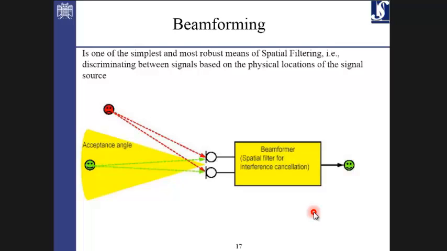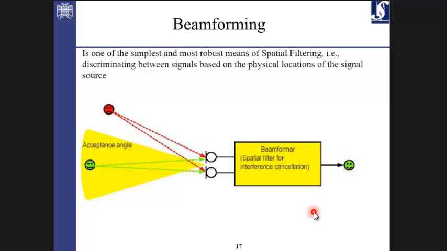So what does beamforming do? Beamforming is a system that, if you know the location of a source, so if you know using the GCC method or the SRP method that there is a source somewhere in this location, then beamforming is a method for spatial filtering. What does it mean?